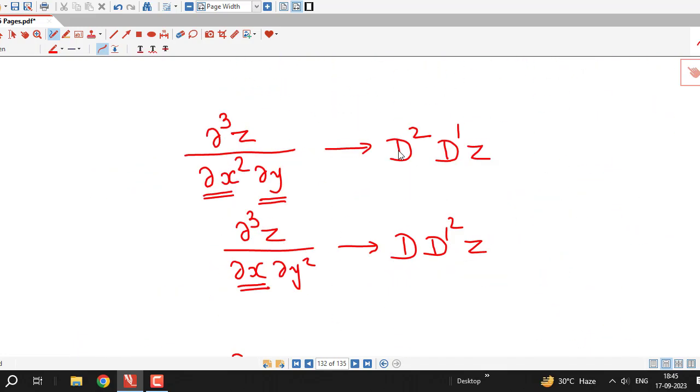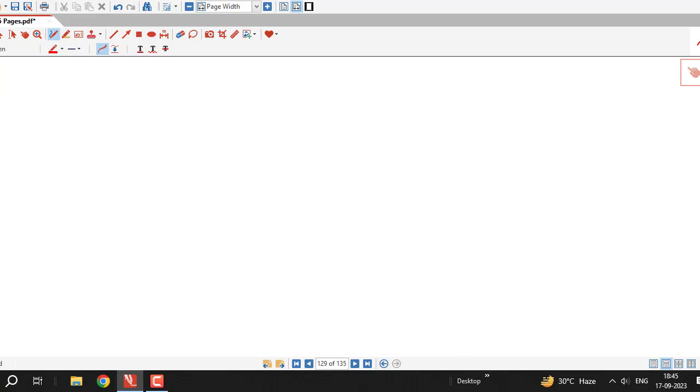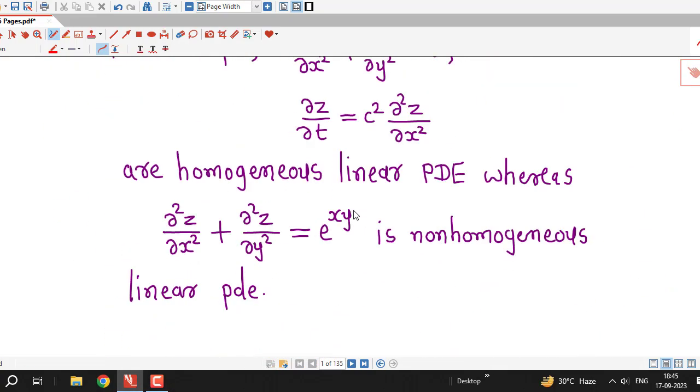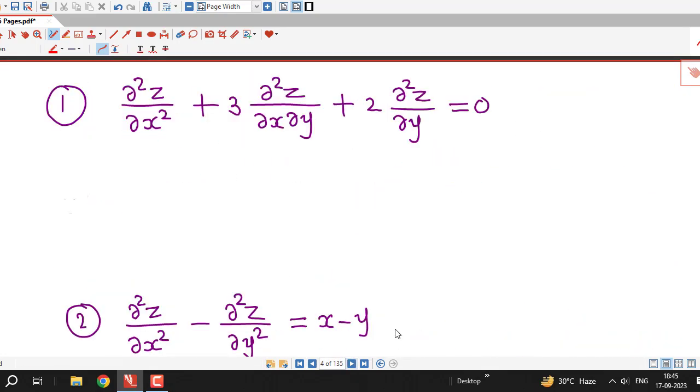Now here I have written certain examples of linear partial differential equations with constant coefficients, and we try to write them in terms of these notations.